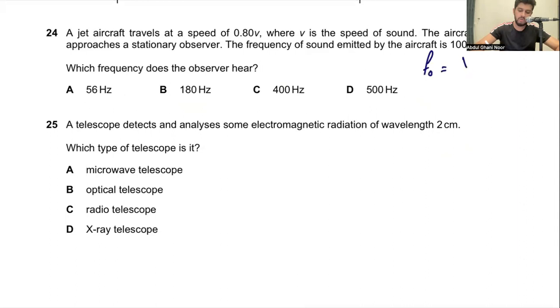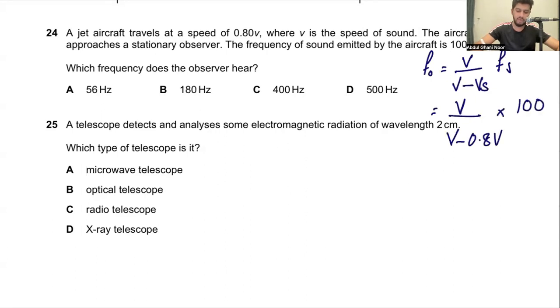Observed frequency is equal to v upon v minus vs, because it's approaching में negative sign लगती है. Moving away, receding, positive sign लगती है. Fs, the speed of the sound is v minus 0.8 v multiplied by 100. v upon 0.2 v multiplied by 100.